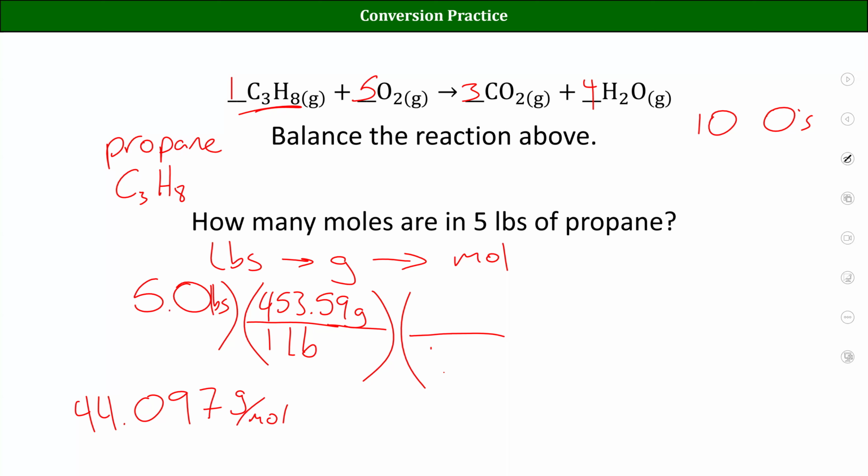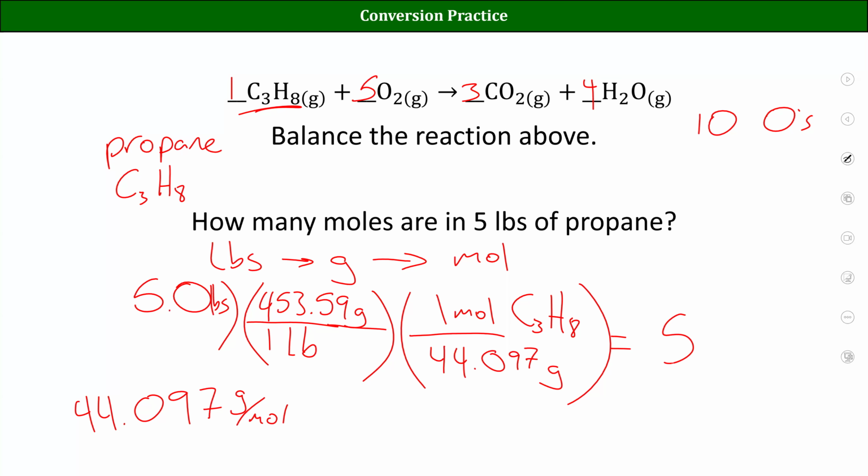Then we can say for every 44.097 grams, that's 1 mole of C3H8. Get something close to 50. Say it again. 51. 51.